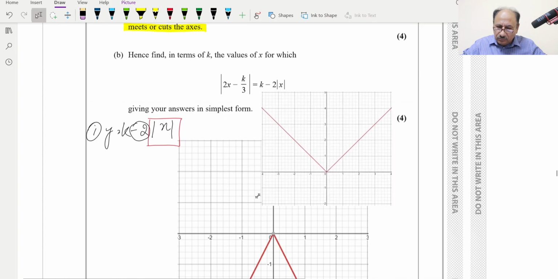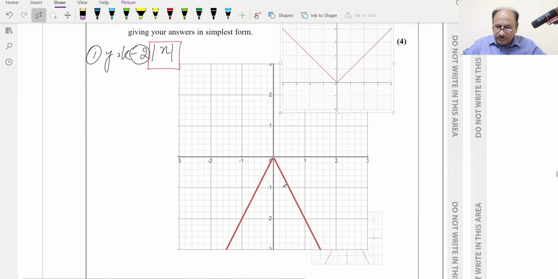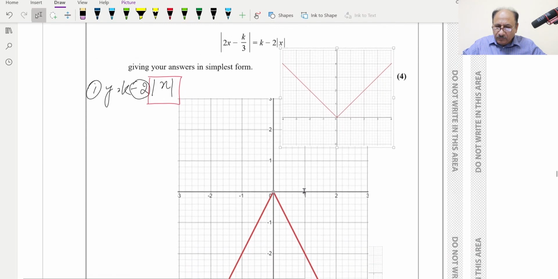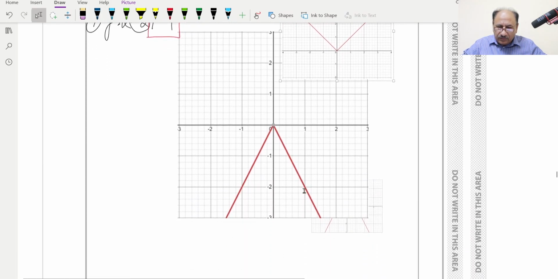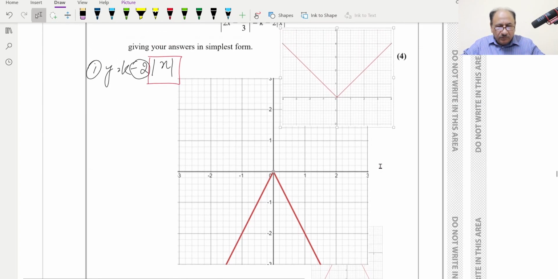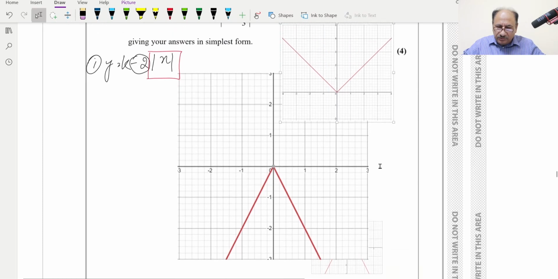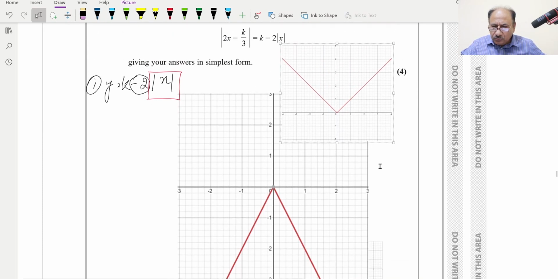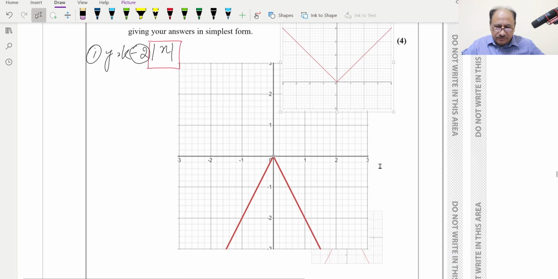The original was here, opening upward, but this is opening downward. Plus it will be stretched.